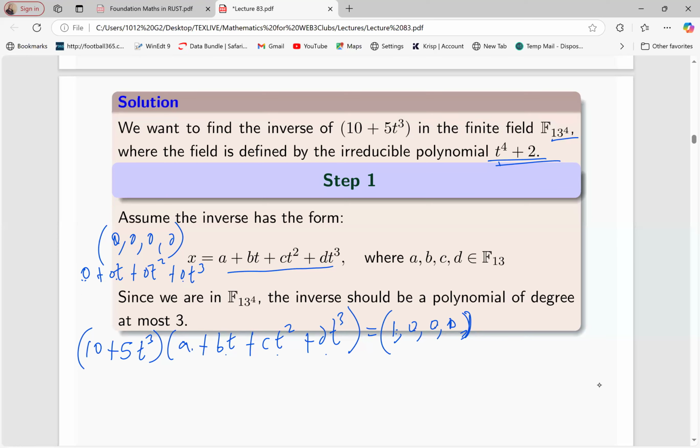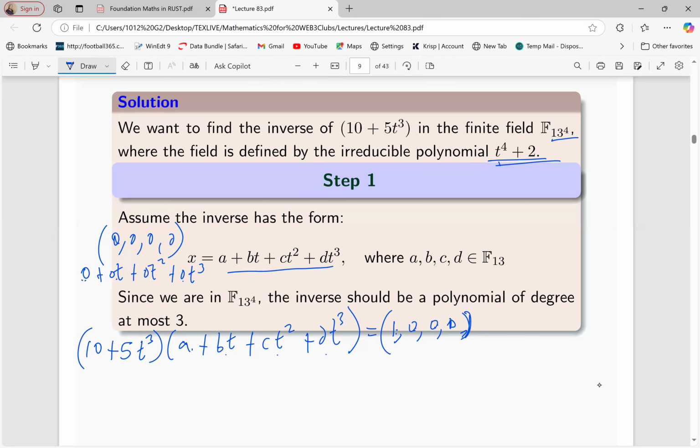Which I then just write like this, but we must understand how it is: 1 plus 0t plus 0t square plus 0t cubed. Now, at this point, just do normal multiplication.